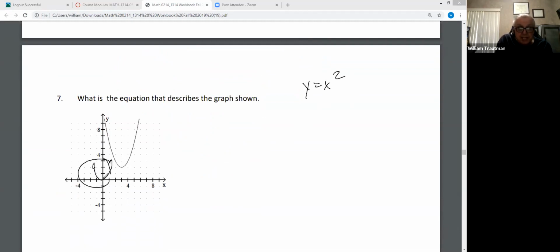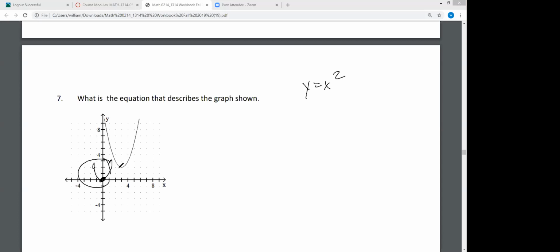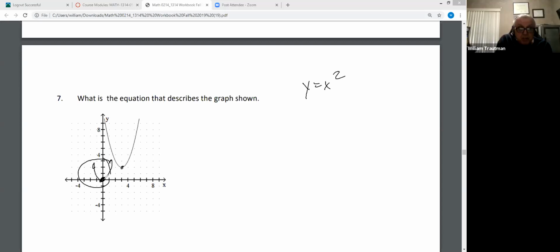This is the original. So do you see it? We talk about the vertex point. From here, it moves up, and if you look, it moves up 2 spots. This is where it starts, and it moved up 2 spots. So in other words, there's a +2 on the outside.